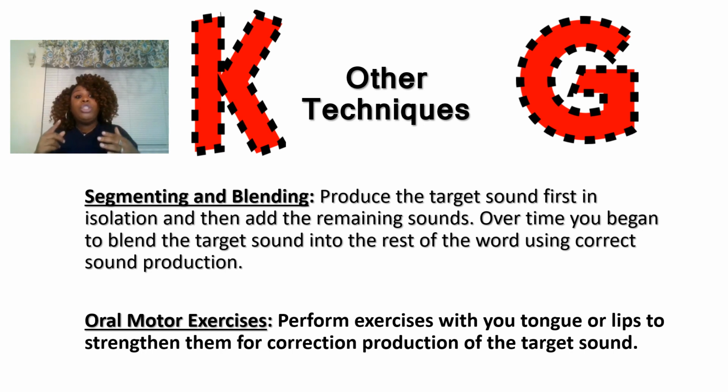And then once we do that, I will have them put all 3 of those exercises together. So we would do this. Do another set. Okay, and those exercises over time will help to strengthen those muscles so they can get them into a sound.